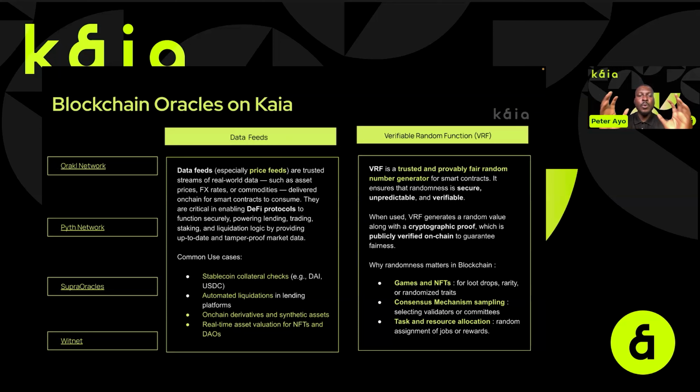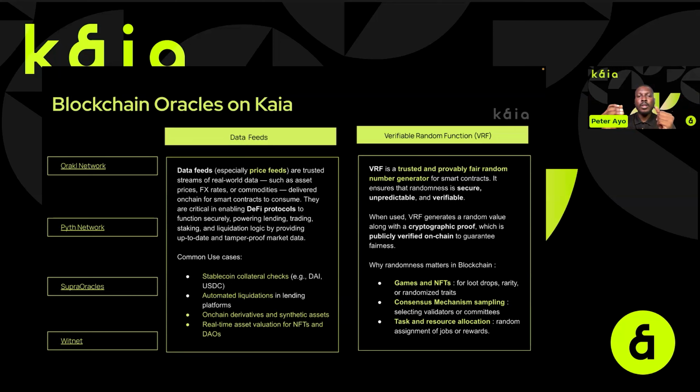So what are the major services that these oracle providers provide? The first on the list is data feeds, especially price feeds. From all of my explanation, you've seen that I've mentioned that we can get data off-chain, for instance asset prices, FX rates, commodities, and so on.